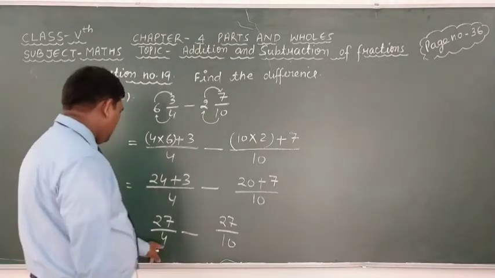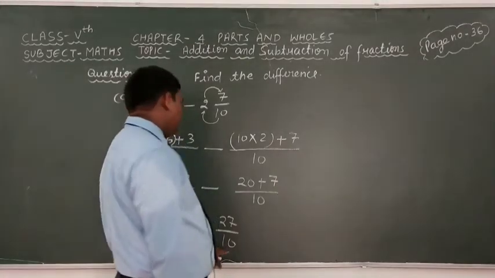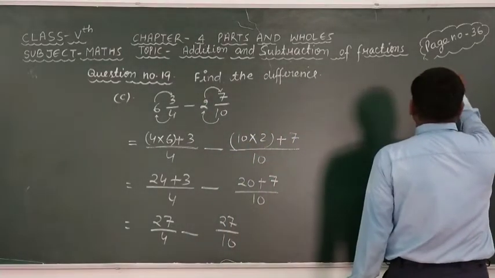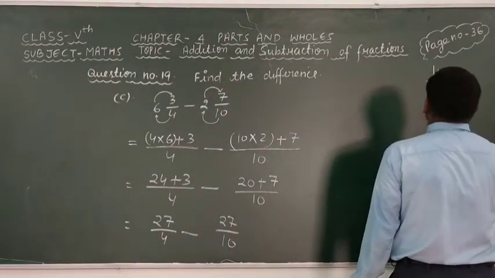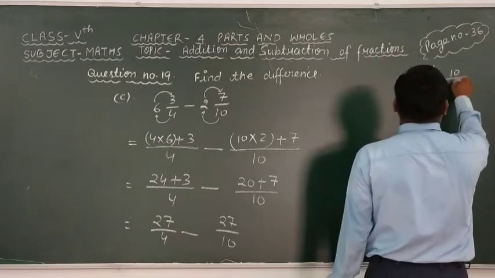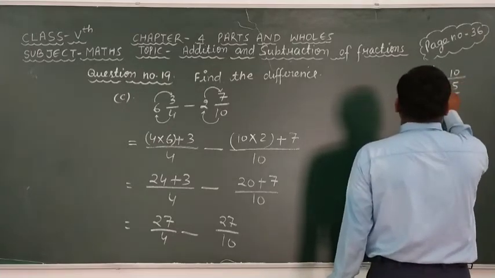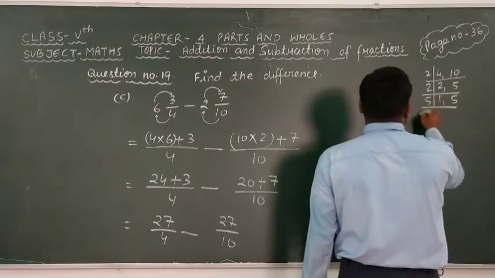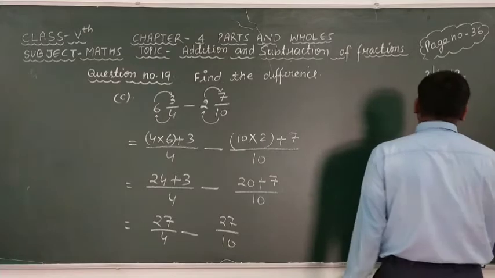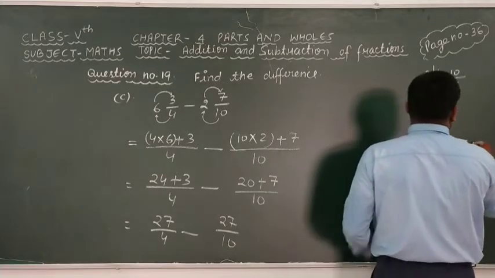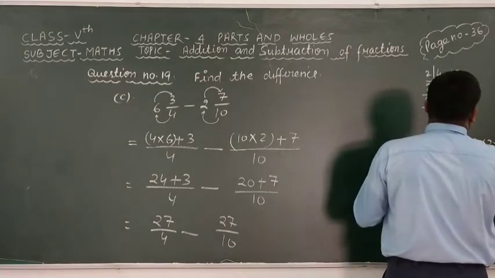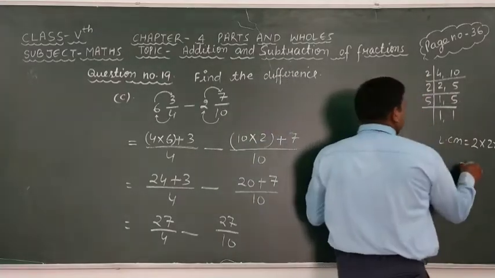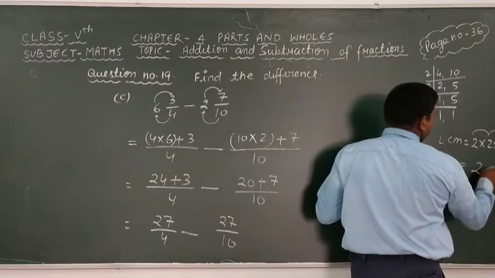Okay students, look at here carefully. Here given that 4, here given that 10. We know that 4 and 10 are not same, therefore we can take the LCM of 4 and 10. 2 2 is 4, 2 5 is 10, 2 1 is 2, 5 is not divisible by 2, therefore we can take 5 as same, 5 1 is 5. Okay, then the LCM is equal to 2 into 2 into 5. 2 2 is 4, 4 5 is 20.